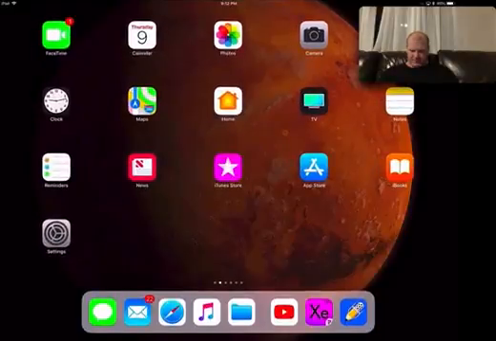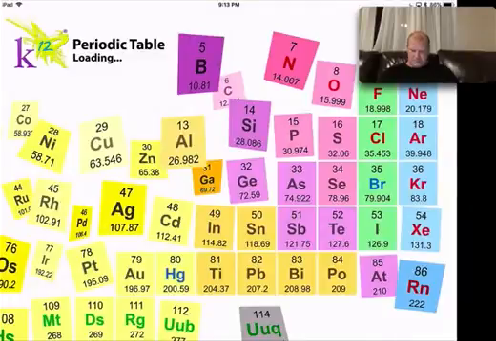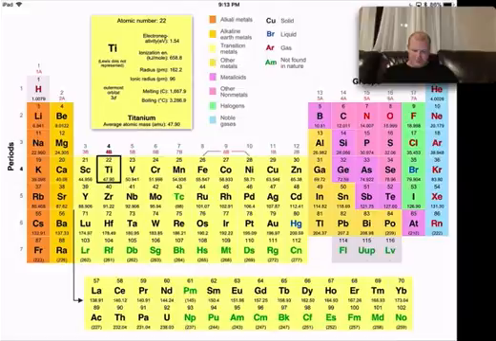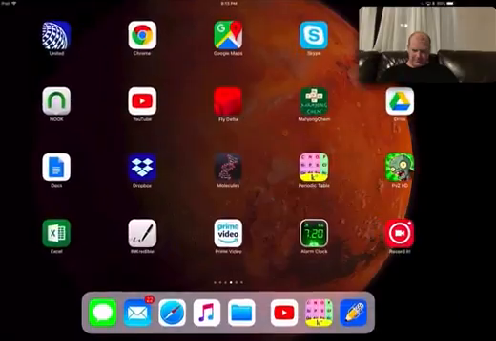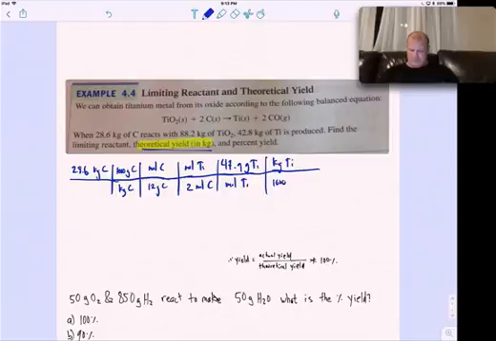I have to look at my periodic table to figure that out. It's loading. Titanium is 47.9. So 47.9 grams titanium per mole titanium, and then kilogram titanium, 1,000 grams. Okay.